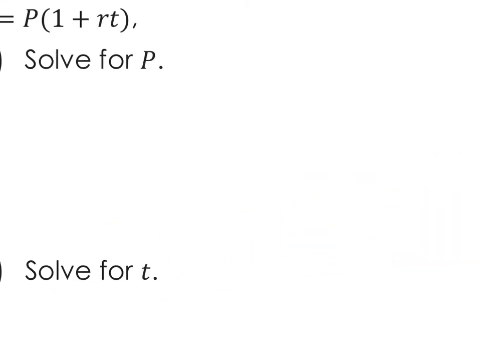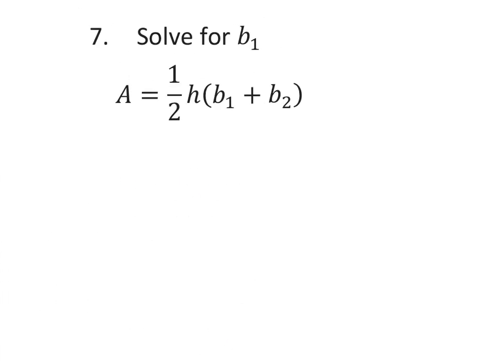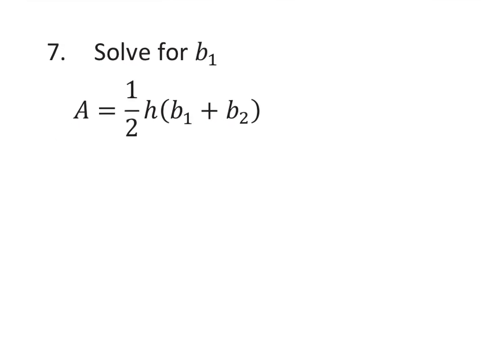Okay, so if you flip to the back, we just have a couple more problems. So here we have the area formula for a trapezoid. And I notice I have a 1/2 in front.